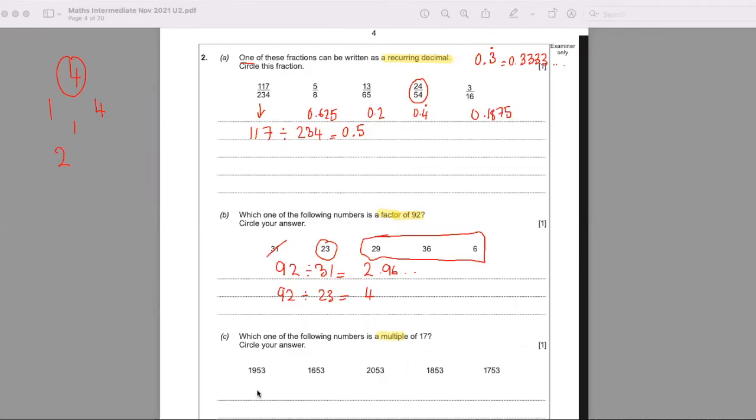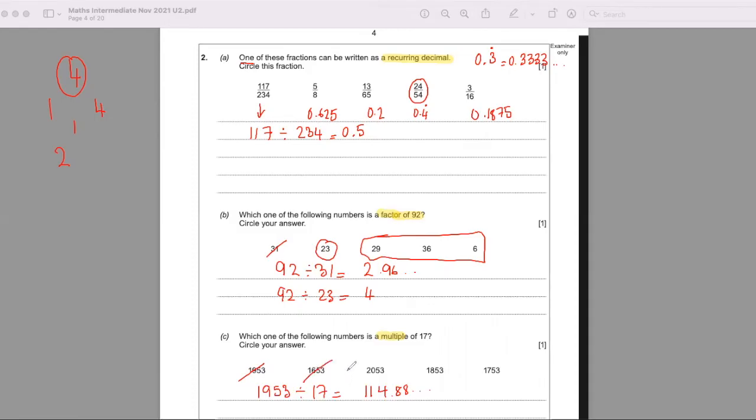The way to do it is you take the number and divide it by 17 and see if it is a whole number or not, okay? If it is, then 17 goes into that, and that means that number is a multiple of 17. So I have a decimal answer, so that's not the correct answer. I try the next one. Also a decimal, so that's not the answer.